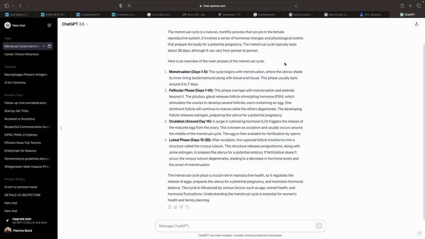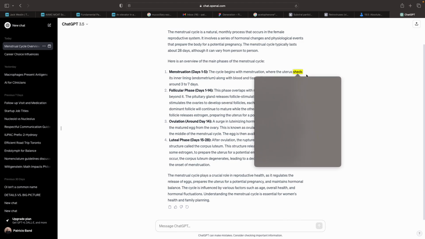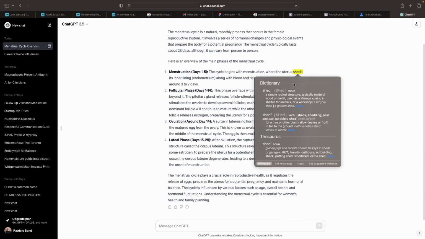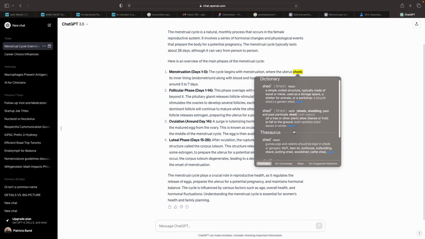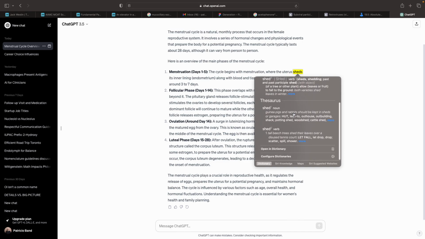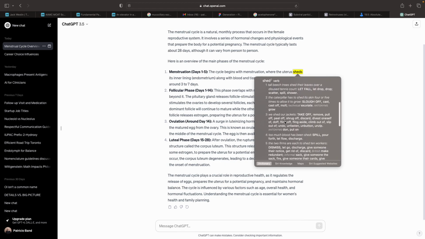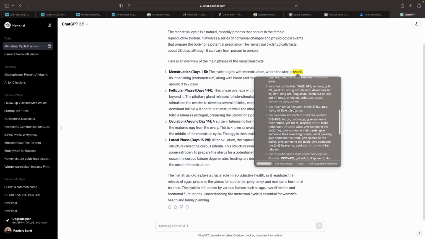So, firstly, in the menstruation phase, the uterus sheds its inner lining, endometrium, along with blood and tissue. What does shedding mean? Not with the T. A verb of a tree or other plant: to allow leaves or fruits to fall to the ground. Let's see more. Caterpillar, we shed our jackets, take off. Too much blood has been shed, spilled.